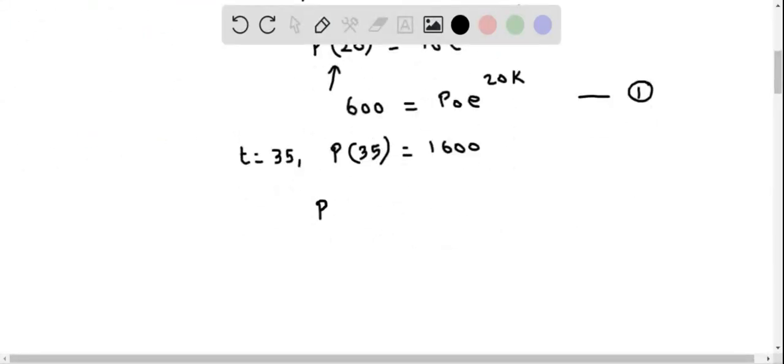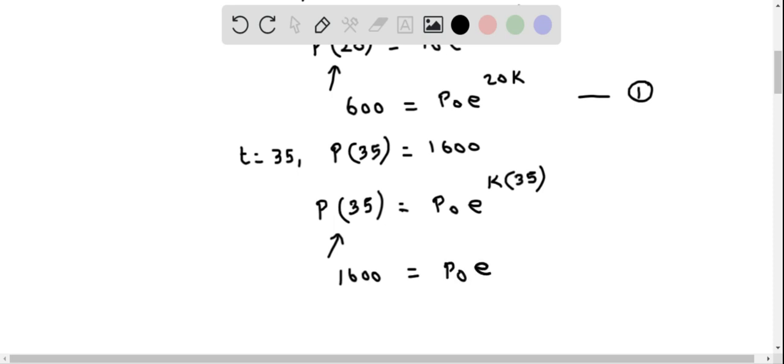So we get 1600 equals P naught e raised to the power of 35k, and so we get another equation. Let's say this is equation number 2.